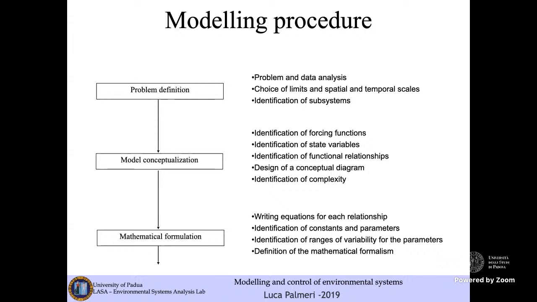Then this is the time in which you identify state variables. So I shall include, for example, chlorophyll A, or nitrogen in the form of nitrate, or phosphorus in the form of phosphate, or, for example, other concentrations of elements that may be toxic for living organisms.